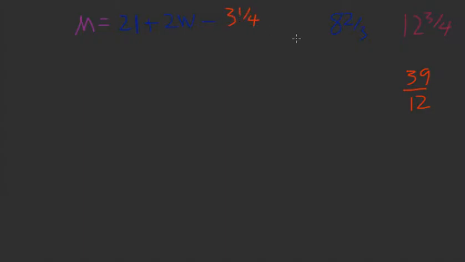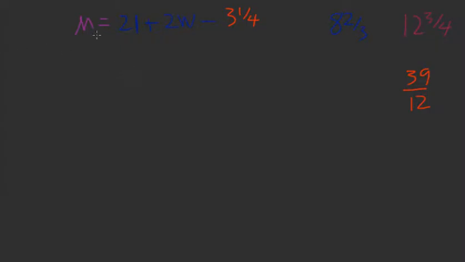It's just easier to write this as 39 over 12, so we have a common denominator, which is 12. It's easier to use this because all the other ones will be 12 as well. So anyway, let's do this.